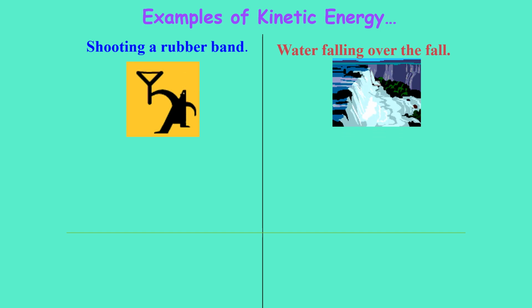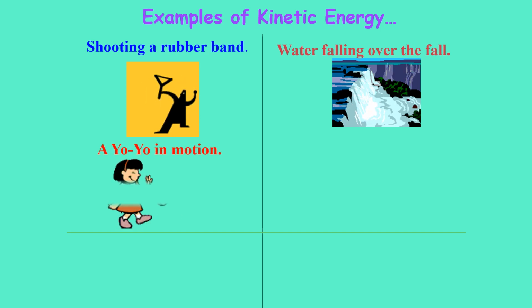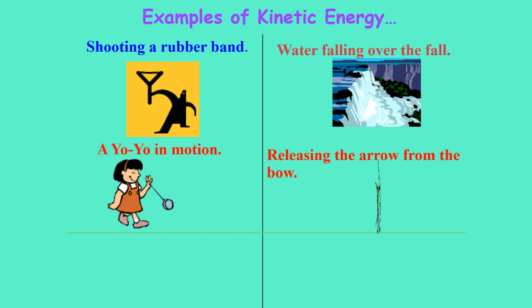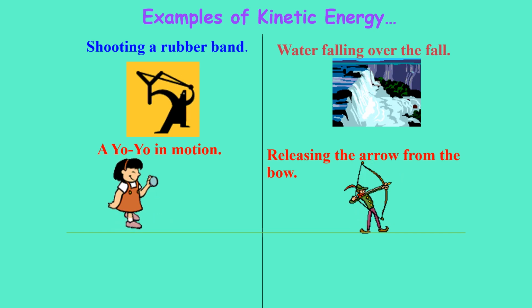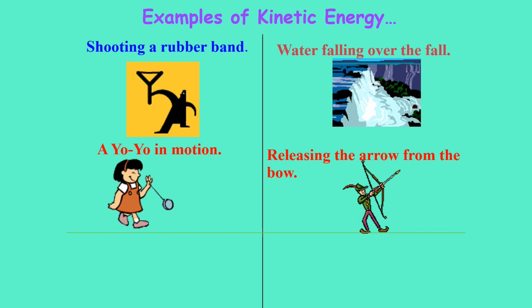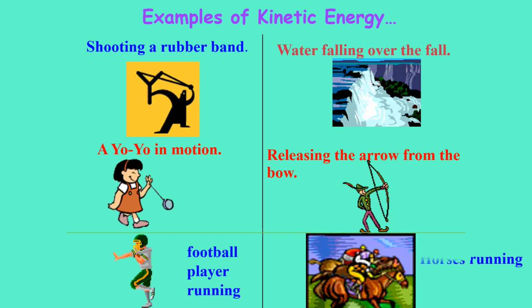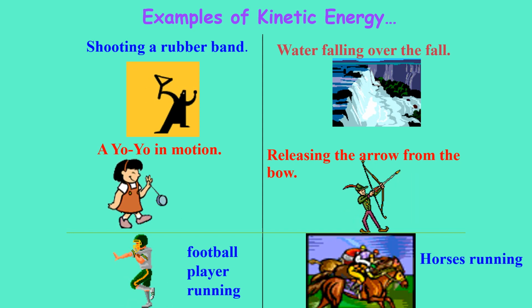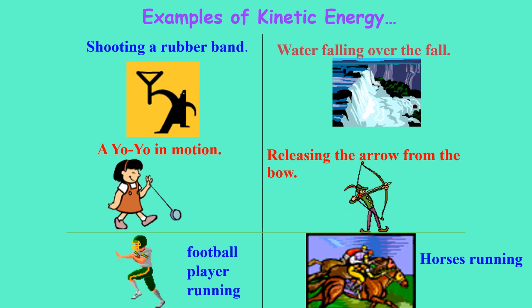When it falls over, it's now in motion. The yo-yo and the arrow from the bow are also moving, giving all these objects kinetic energy. The running football player and the horses have kinetic energy.